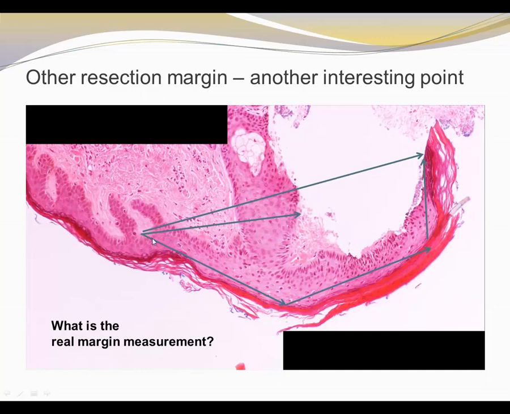Or does one try and estimate the curved margin of the epidermis, which is probably the real clinical resection margin that hasn't been shrunk? So that's one, and this is the same with basal cell carcinomas or pigmented lesions. What is the right measurement to report? There really is no correct answer to this.